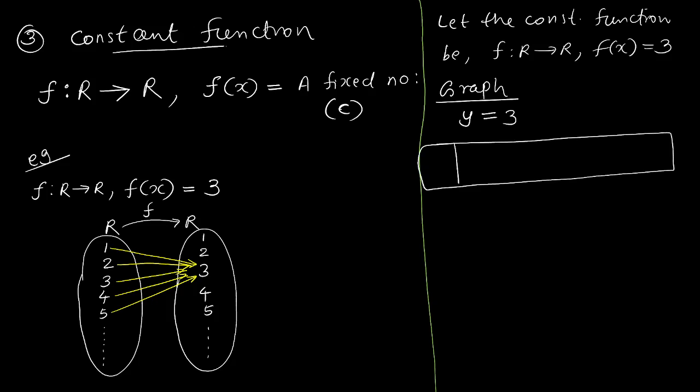I told you that whatever value you substitute for x, the value of y or f of x is always 3. So if x equal to 0, the value of y is 3.